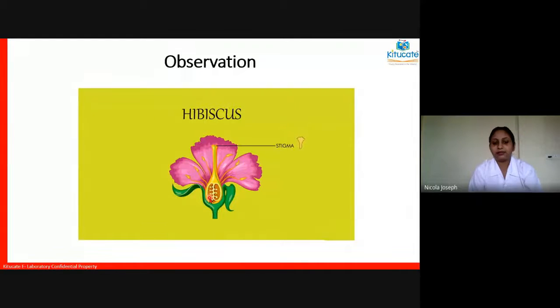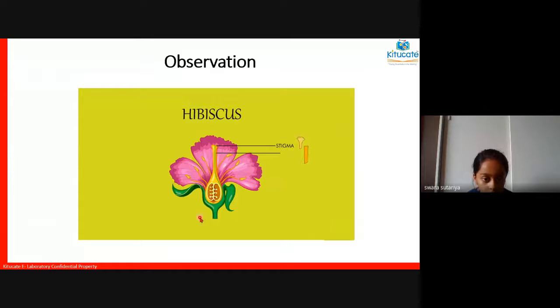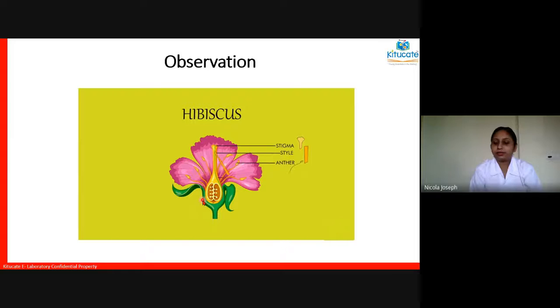This one, which is at the base. What is that called, Swara?